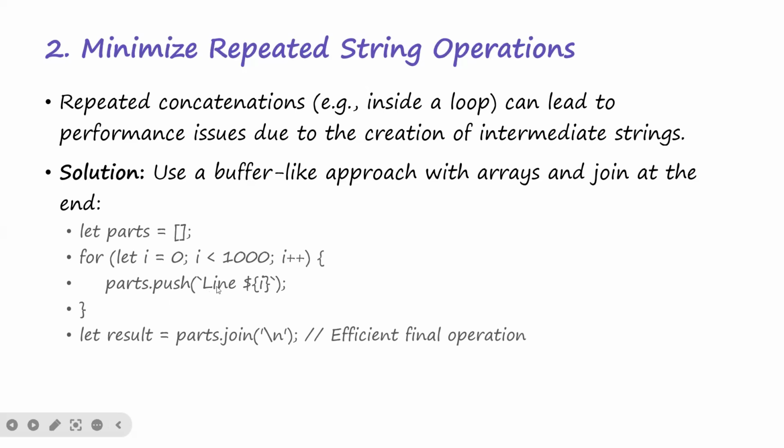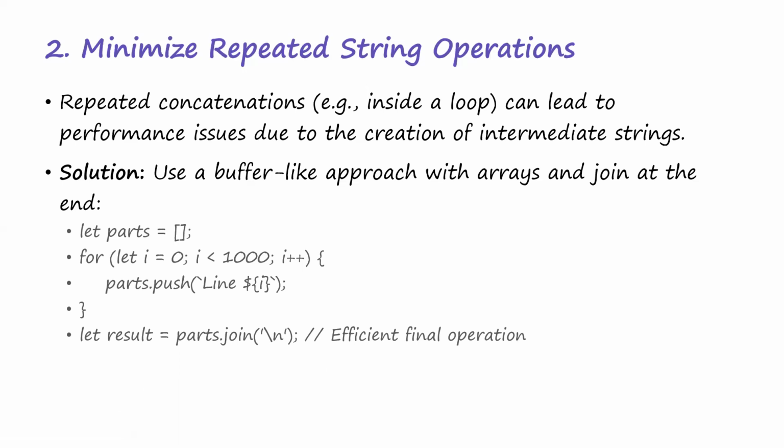So they are saying line 0, line 1, line 2, until it's up to 999. For every iteration, they are adding this string into this array. And at the end of the day, they are doing array.join, joining it with a newline character. This will make the whole items be on their own lines. So this is a better way of doing it, right?